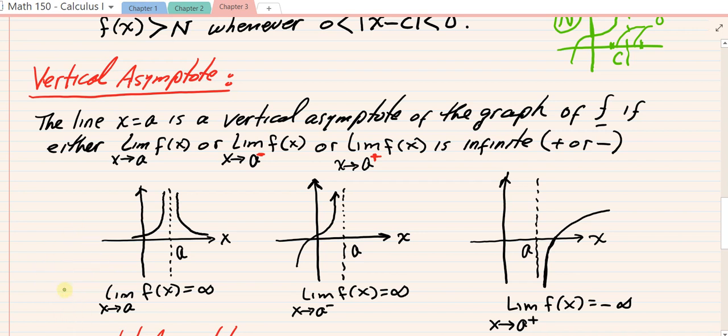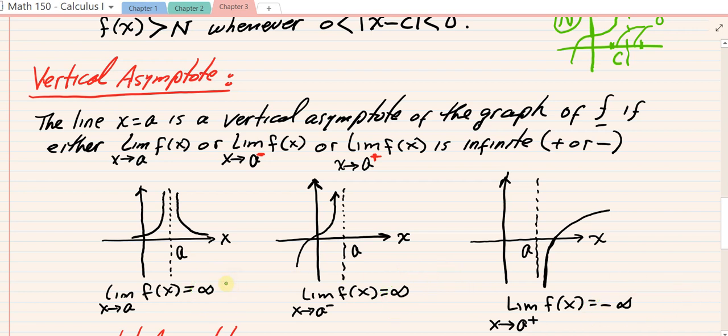I'm not saying the graph could not do that, but for what I just erased, we can't say the limit as x approaches a was infinity, because it was positive from one side, negative from the other. We just simply say the limit doesn't exist. And by the way, for all three of these drawings, the limit doesn't exist, right? Just because we say it's infinity or negative infinity doesn't mean we found a number.